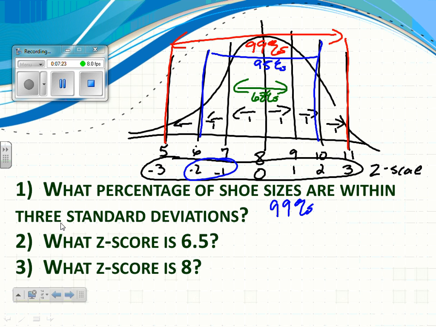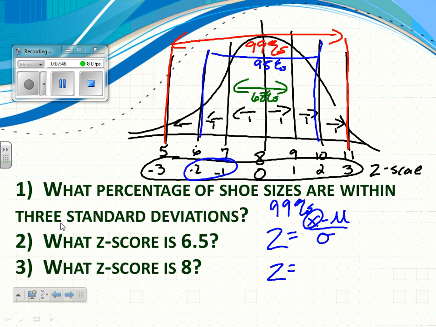So we have this beautiful formula that we looked at yesterday. Z equals x minus mu divided by the standard deviation. So I'm looking for the z-score. X is my specific data. In this case, which specific data value am I referring to? 6.5.